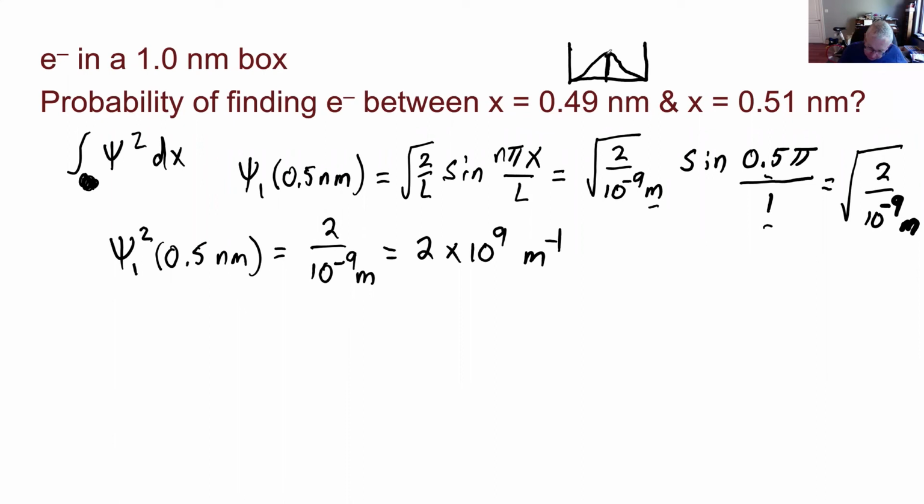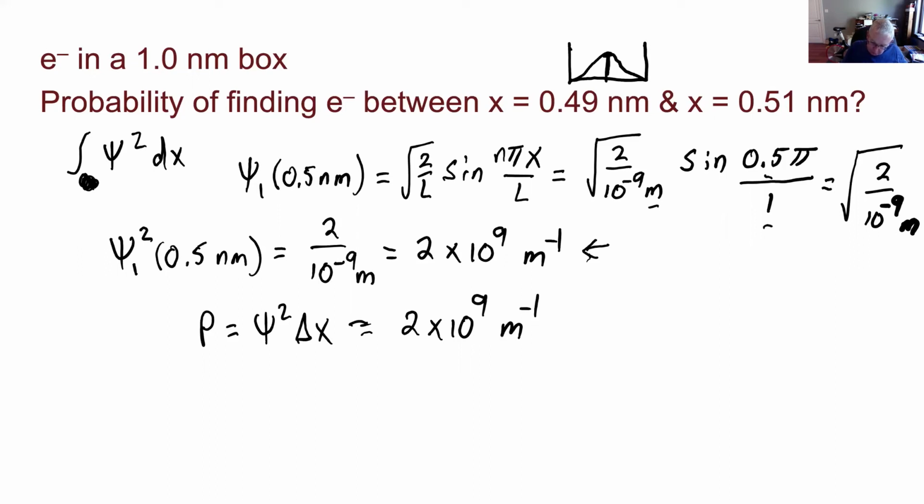So what I've said is that the height there is this quantity. All I want to do is get my probability to be equal to psi squared times, let's say, delta x, where that's the width of my region. So that's going to be my 2 times 10 to the 9th meters to the minus 1.